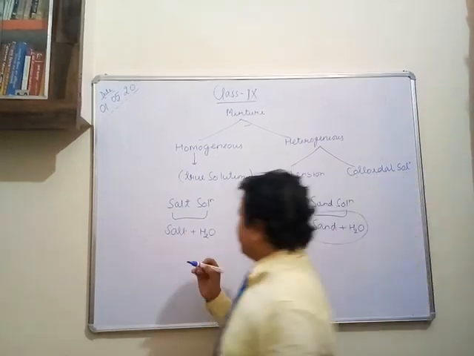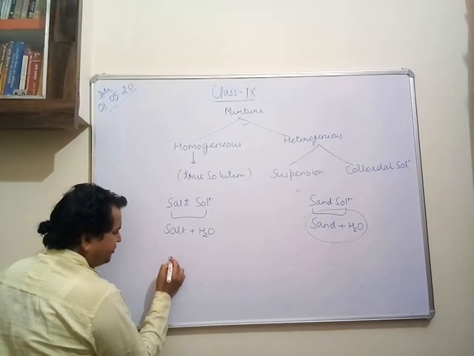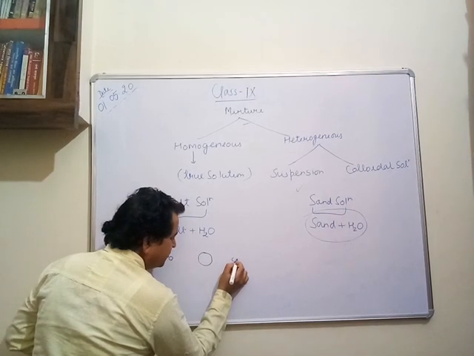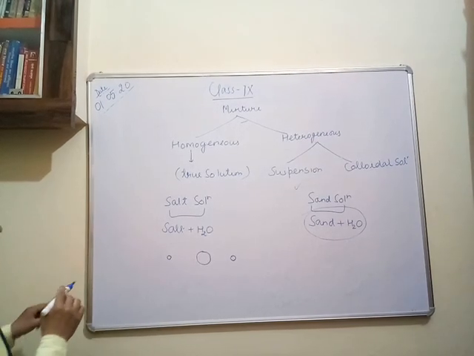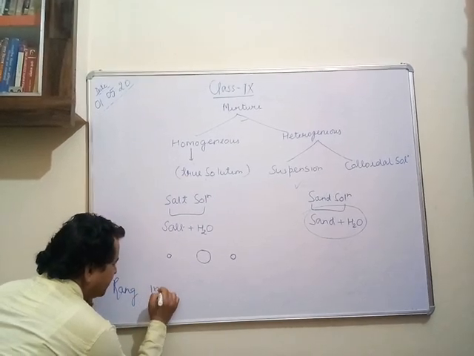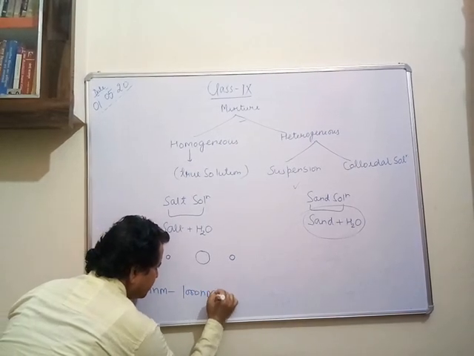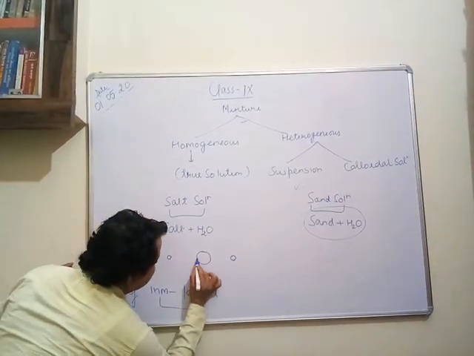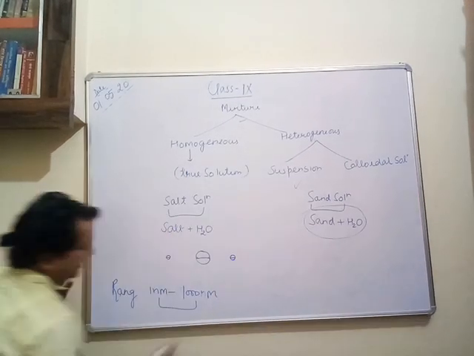Now I will give you the particle size. Actually, particle size: this is very small, this is suspension you can say, and this is colloidal solution you can say. The range of particle is 1 nanometer to 1000 nanometer. This range means the diameter of the particle.